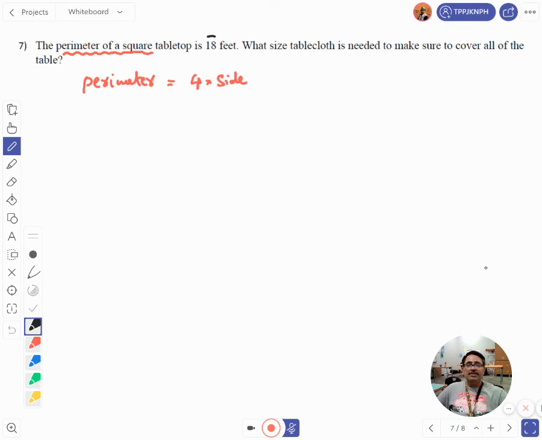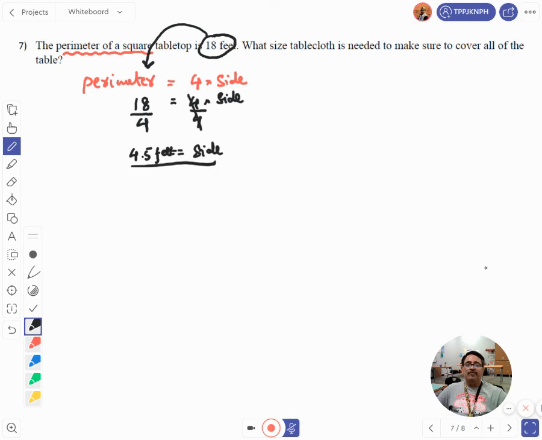Now, it's given as 18 feet, so please plug in the value here. 18 equals 4 times side. You know how to isolate side: division by 4. Therefore, the side is, I guess, 4.5 feet.